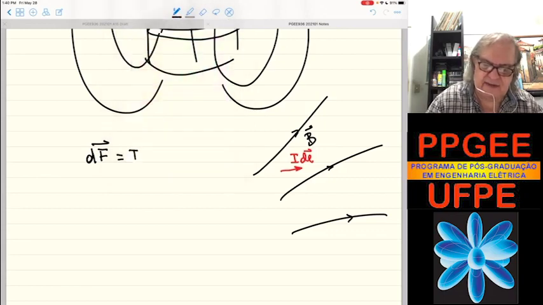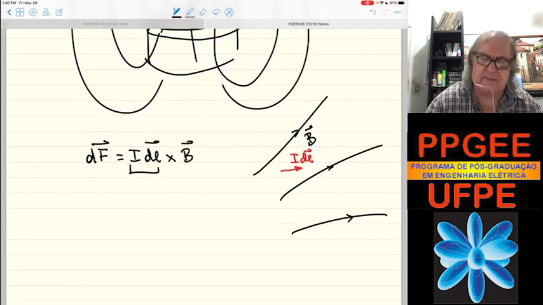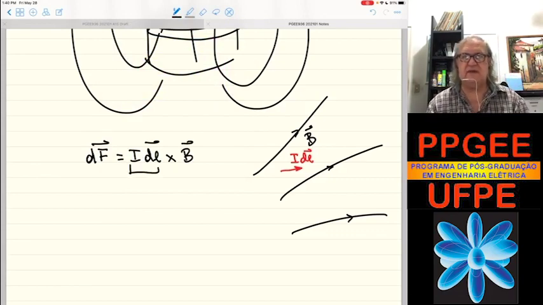So every time, the important element is the product IDL. That's what appears here, and that's what appears in Biot-Savart's law.